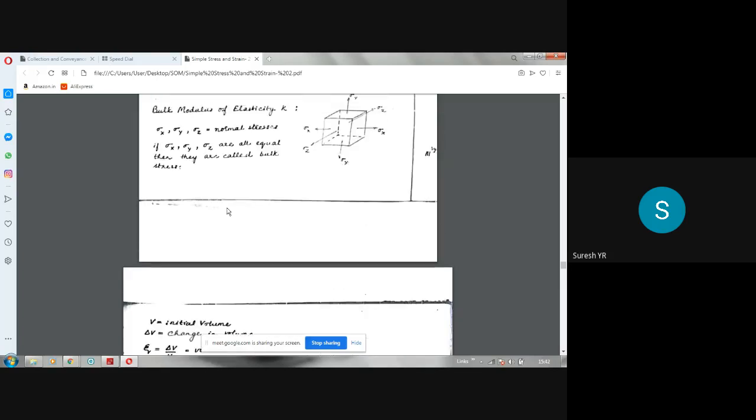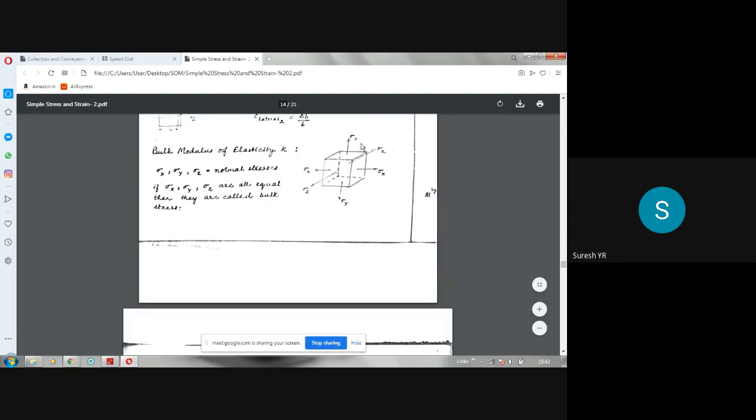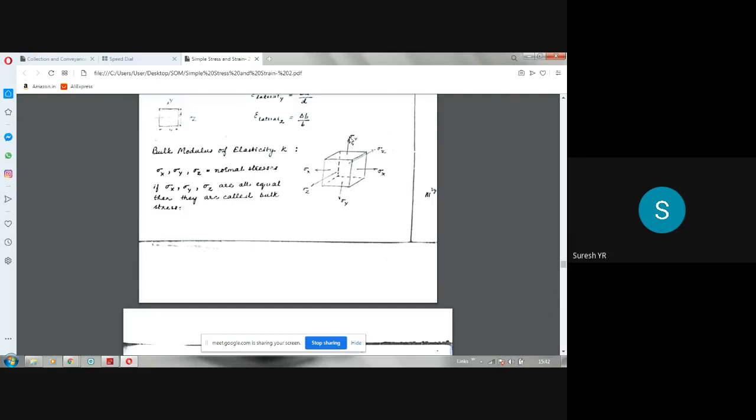So what happens? What is the effect of that? Once this three-dimensional element is subjected to stresses in all the three directions, the effect is it tries to elongate in all the three directions. It elongates in this direction, in this direction, and in this, because it is tensile force. Tensile force is applied, tensile stress will develop.